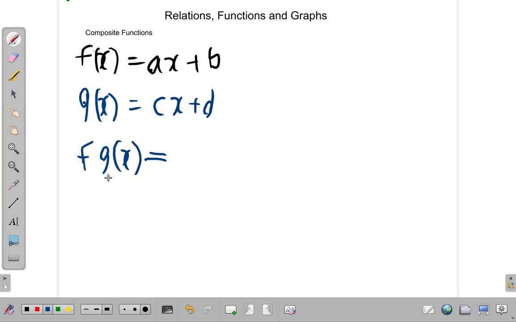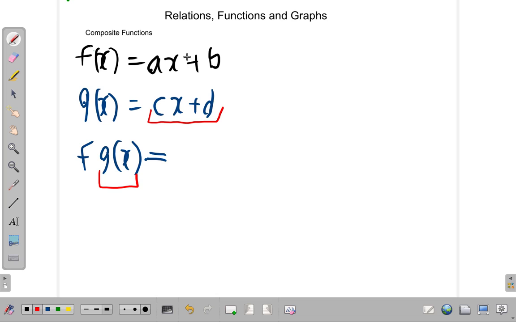You have f of g of x. F of a function is going to be ax plus b. Now, this fg of x is really f of g of x. And g of x is this.